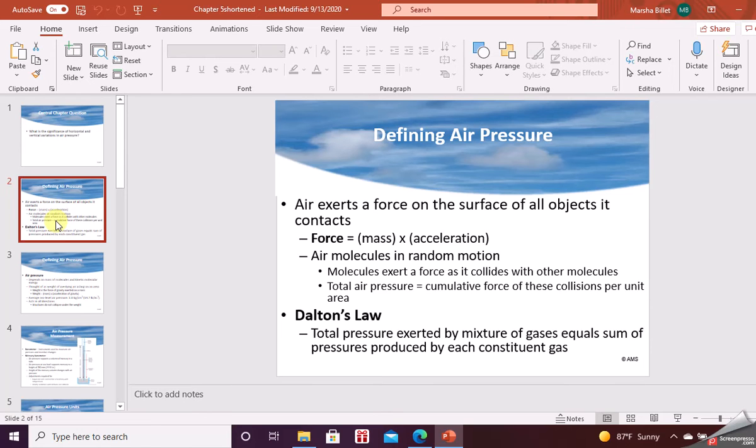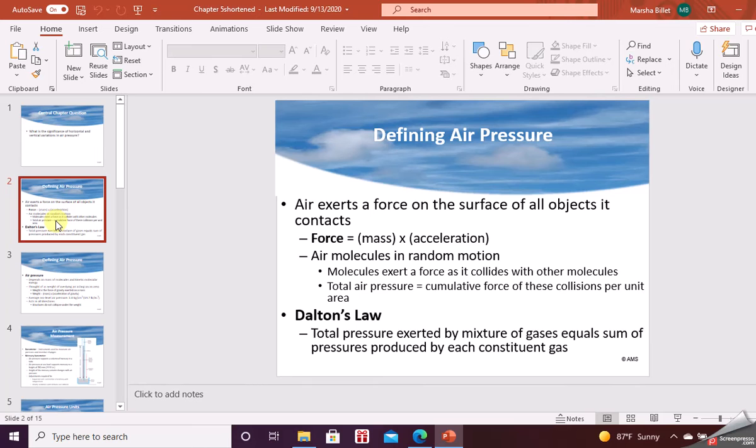So that's a force. Dalton's law very simply says if I have any number of gases, each one has a separate weight, but the total pressure on that amount of gas is what each one of those individual gases exerts. So in the atmosphere, we have nitrogen, oxygen, water vapor as a gas, and carbon dioxide.